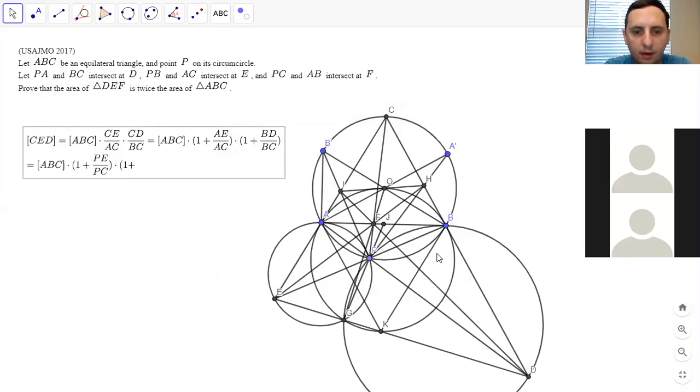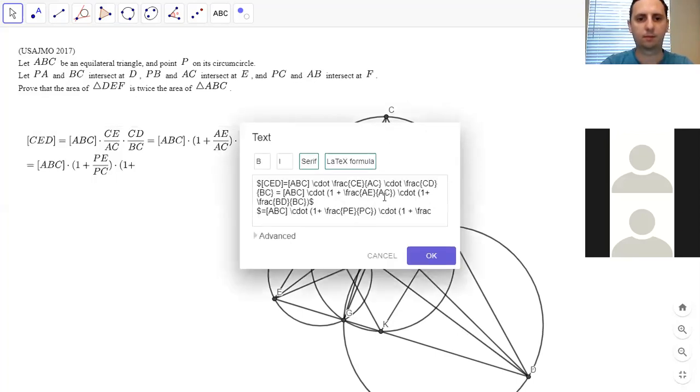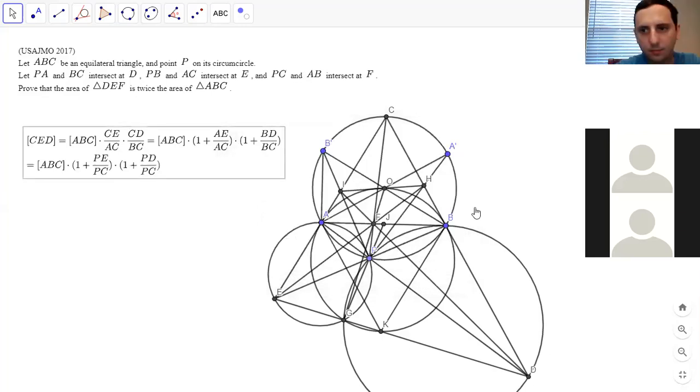And then BD over BC is PD over PC. Oh, you think it might be better to write it the other way. Okay.